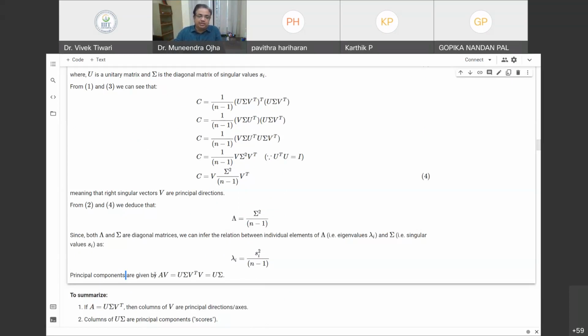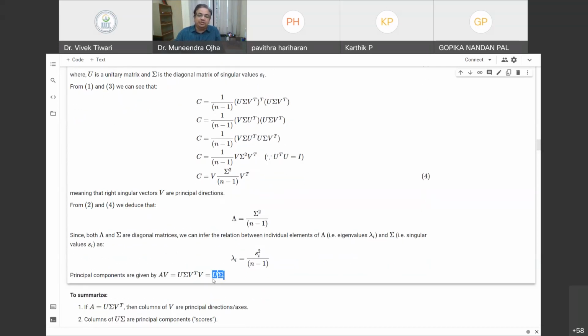The principal components are given by A multiplied by V, which equals U sigma V transpose V, which equals U sigma. So either it is AV or U sigma, this is basically the same.